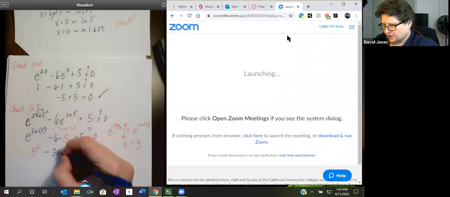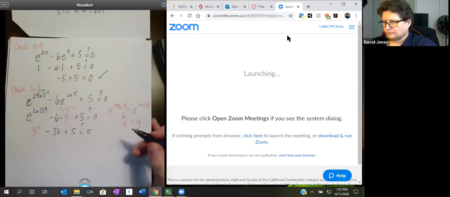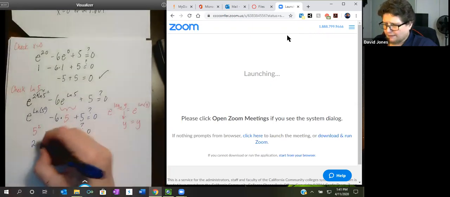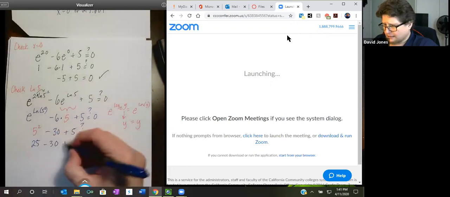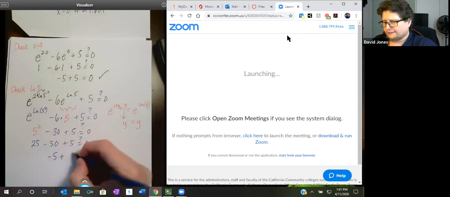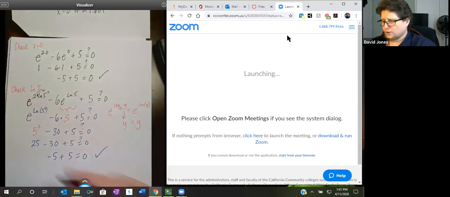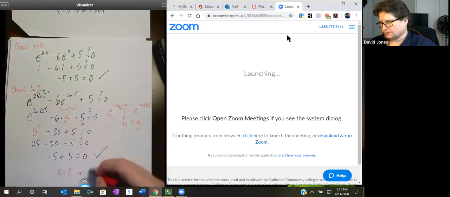Six times 5 is 30. Does that equal 0? And we follow it through. 5 squared is 25. 25 minus 30 is negative 5. And that one works also. So x equals 0 or natural log of 5.